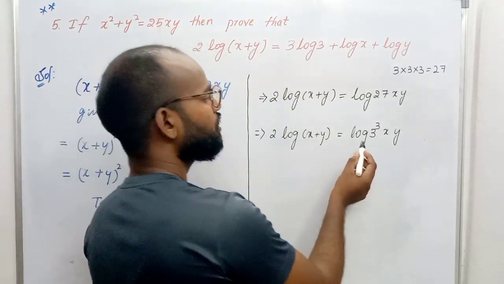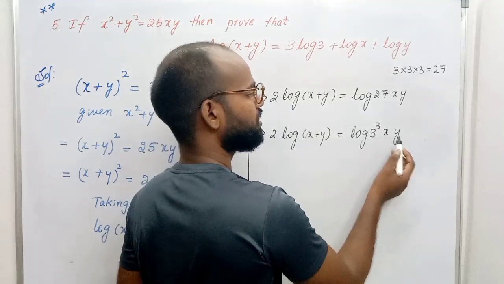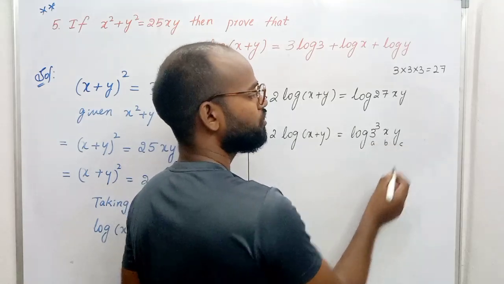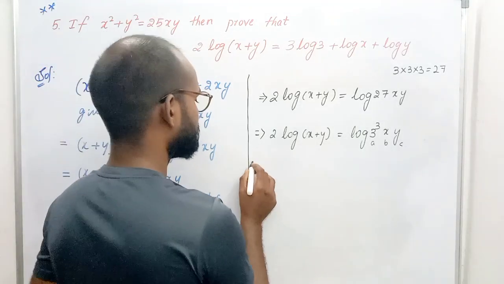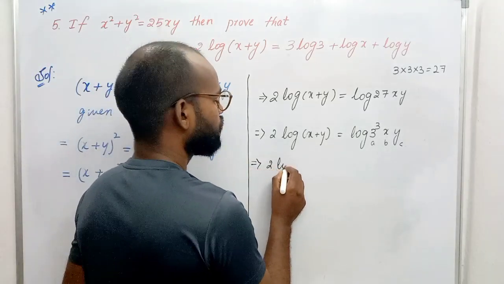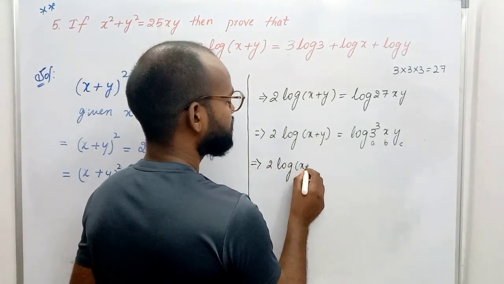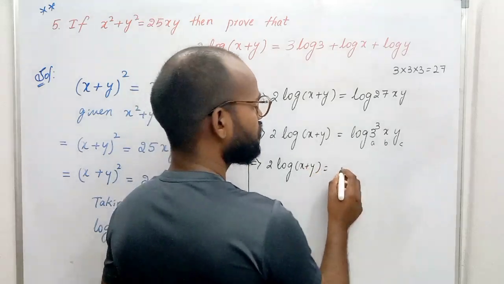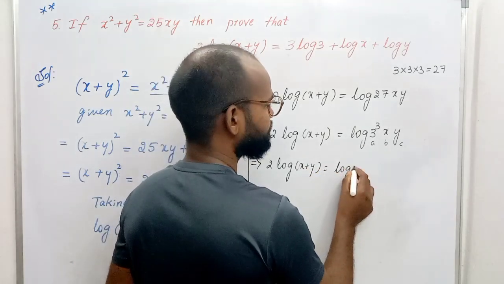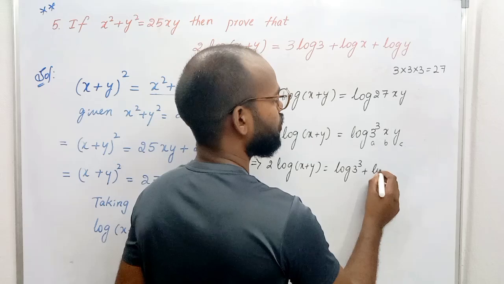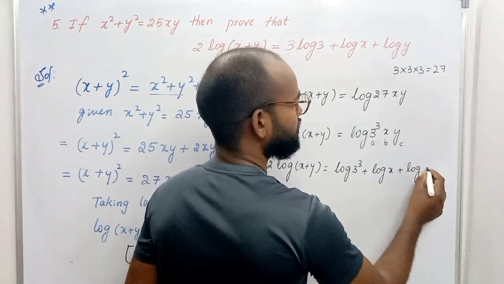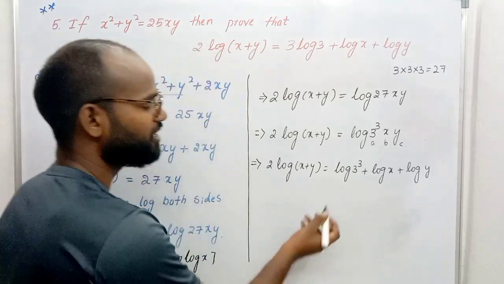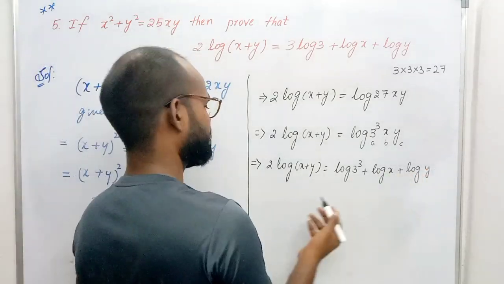Now this is in the form of log ABC. You know that log ABC equals log A plus log B plus log C, right? So 2 log of x plus y equals log 3 cube plus log x plus log y.